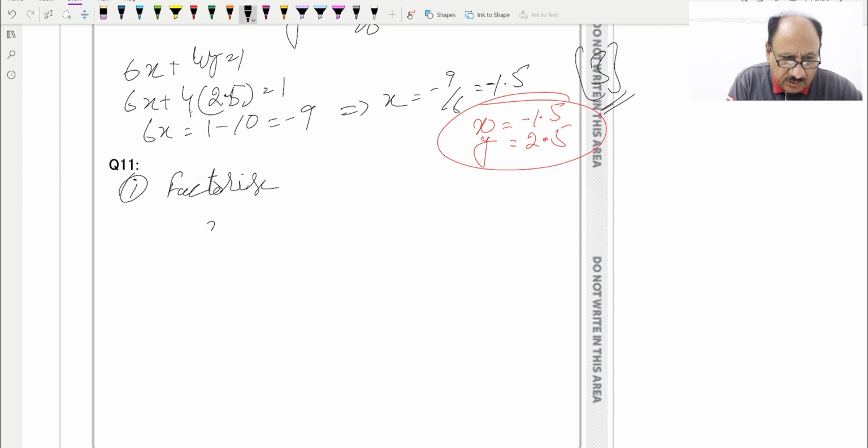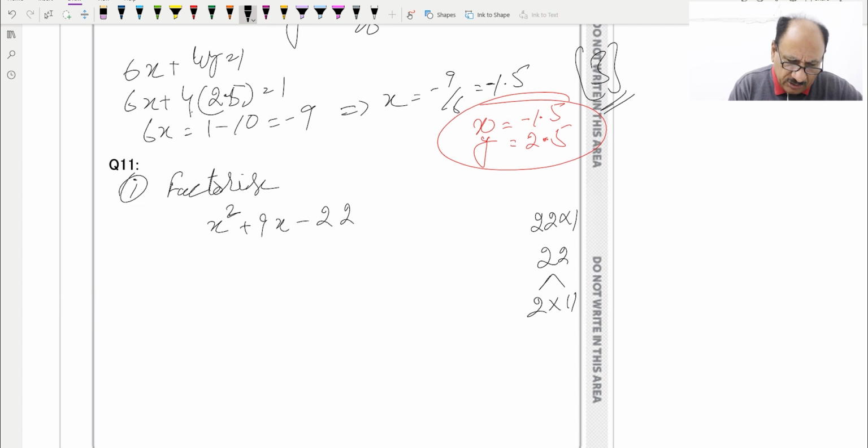the equation x square plus 9x minus 22, and we can factorize basically 22. We can multiply 22 into 1, which is equal to 22. We can use calculator also, or we can take this 2 and 11.